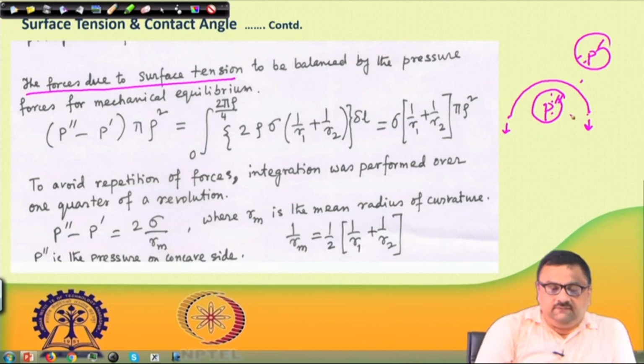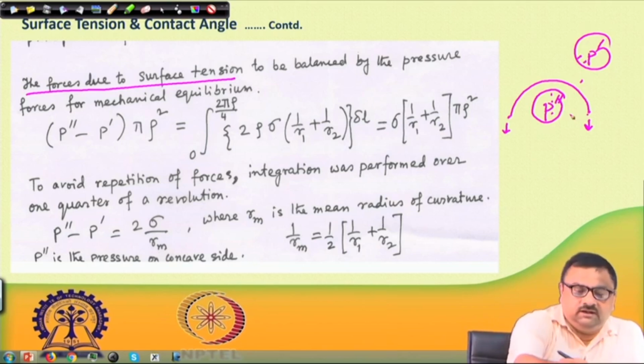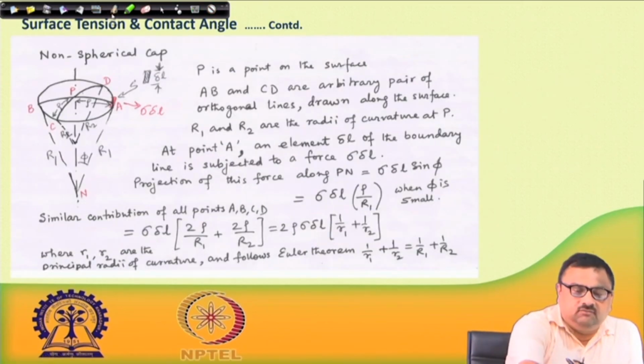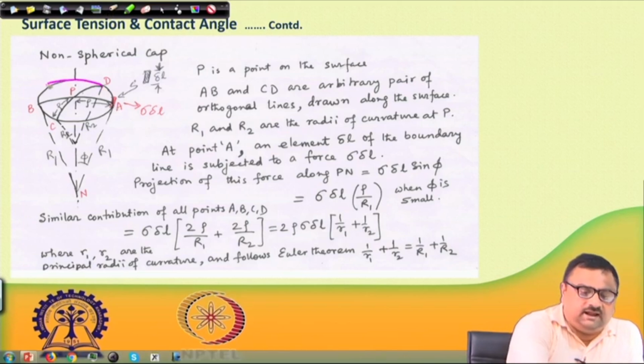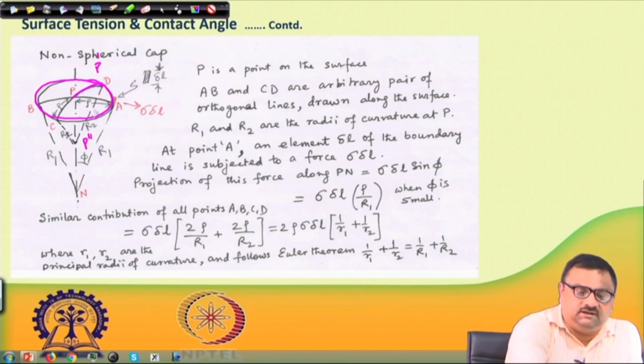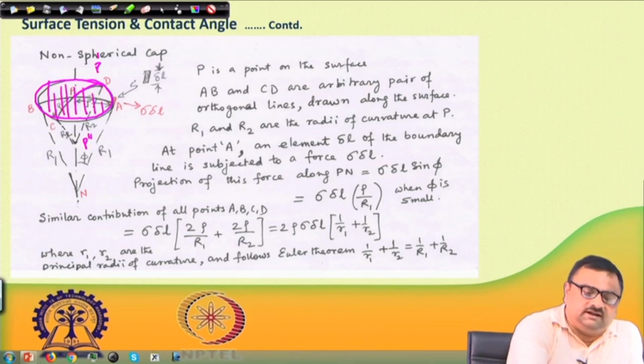Now, if we go back to our original one here, the radius is rho. Inside we assume that the pressure is P double prime and outside the pressure is P prime. So, this difference in pressure is multiplied by the area of this surface, that is basically pi rho square, where rho is the radius of this curve.